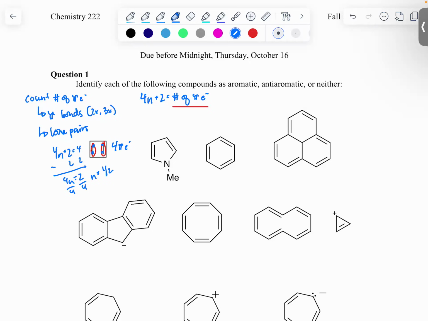Now, in determining aromatic, anti-aromatic, or neither, aromatic is when n is equal to a whole number, and anti-aromatic is when n is equal to a half number. But how do we know when something is neither?